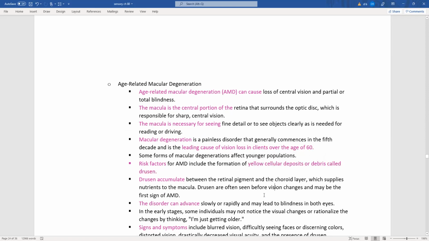Drusen accumulates between the retinal pigment and the choroid layer, which supplies nutrients to the macula. Drusen are often seen before vision changes and may be the sign of AMD. The disorder can advance slowly or rapidly and may lead to blindness in both eyes.